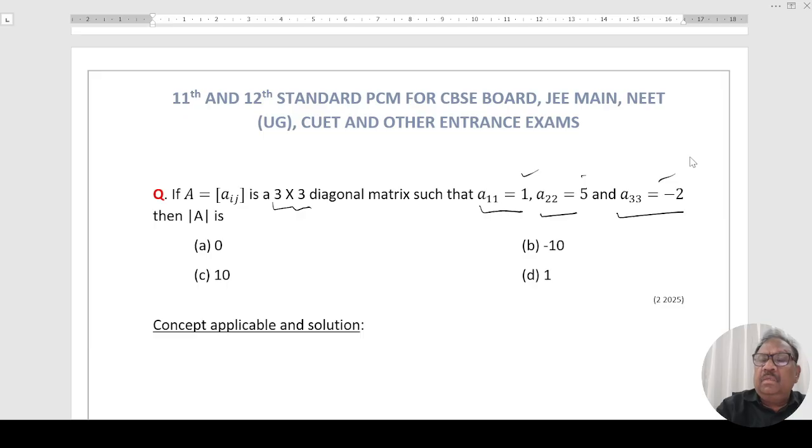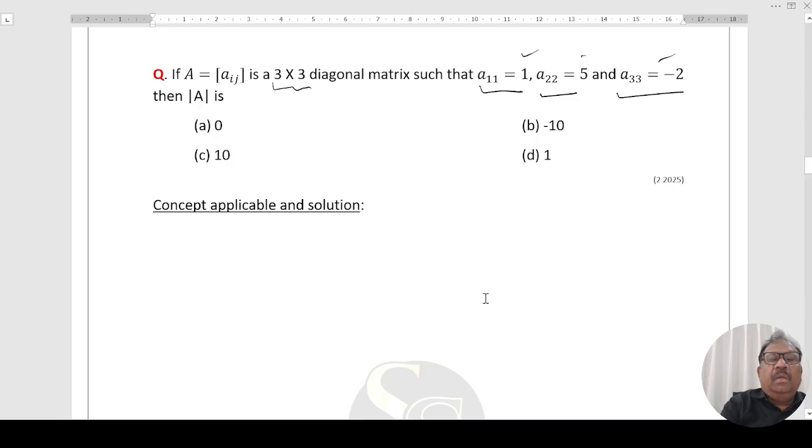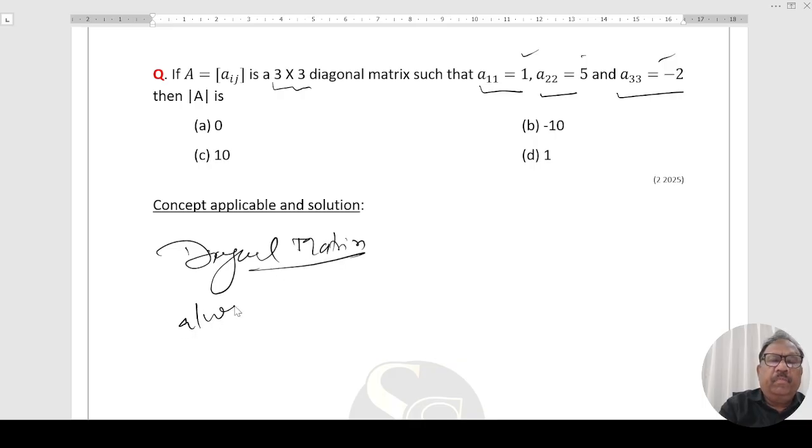The answer is very simple and can be given in 5 seconds, but I will clear the concept first. What is a diagonal matrix? A diagonal matrix is always a square one. Square means the number of rows equals the number of columns.